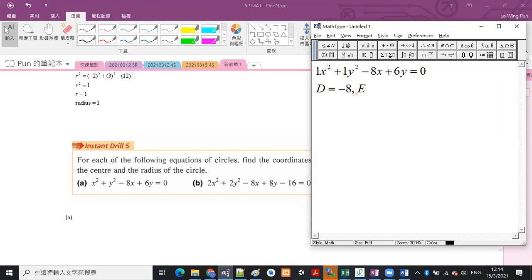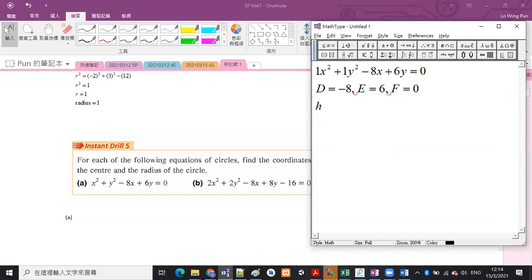And then e should be the number before the y, so that should be +6. And f should be the number which has no x and no y, the constant term. But there is no constant term on the left-hand side, which means that the constant term should be equal to 0. Okay, so the f value should be equal to 0.